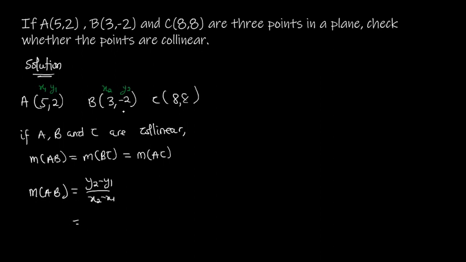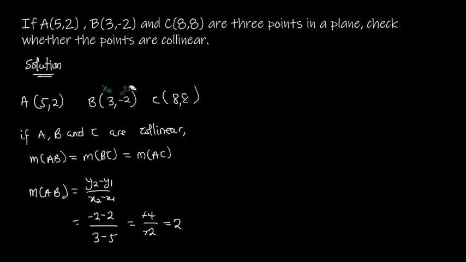So this is equal to my y2 is negative 2 minus my y1, which is 2, on my x2, which is 3, minus x1, which is 5. So this is equal to minus 4 at the top on 3 minus 5 will give me minus 2, and this cancels this, so I have here 2 as my gradient over here.